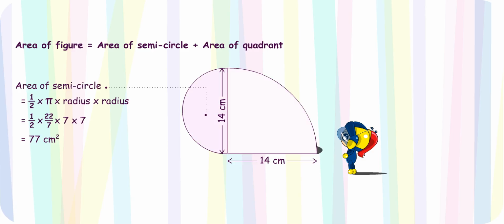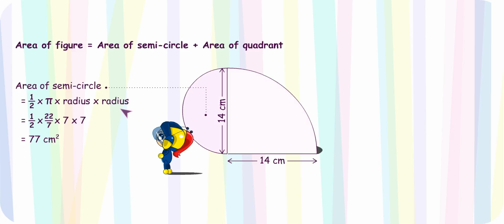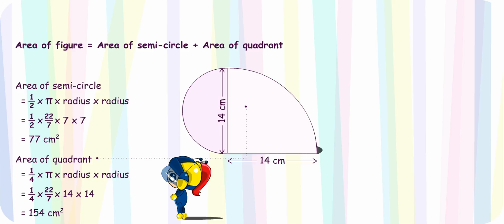The area of the semicircle is half times pi times radius, which is half times 22 over 7 times 7 times 7 square centimeters. It is 77 square centimeters. The area of the quadrant is 1/4 times pi times radius, which is 1/4 times 22 over 7 times 14 square centimeters.